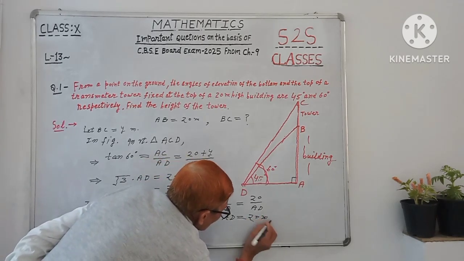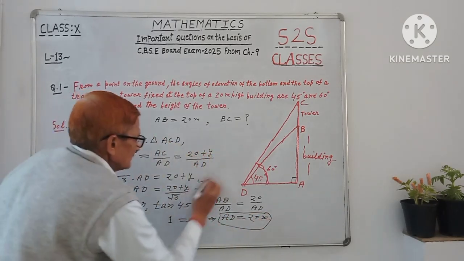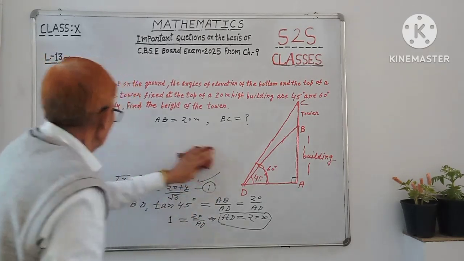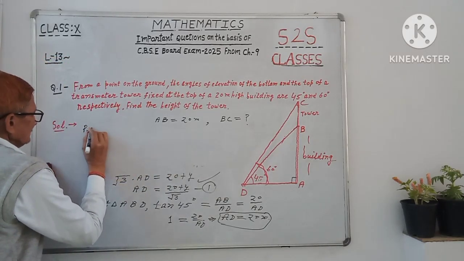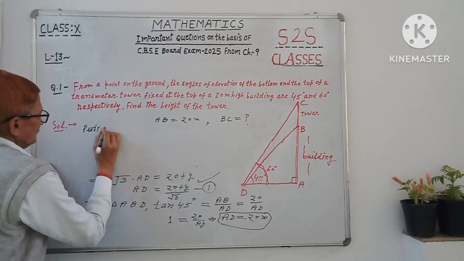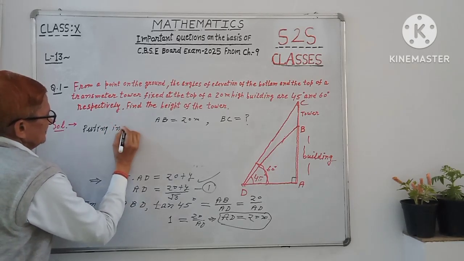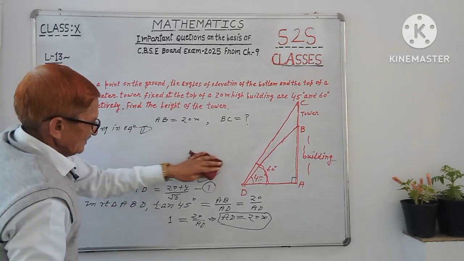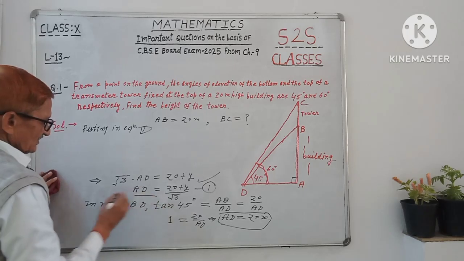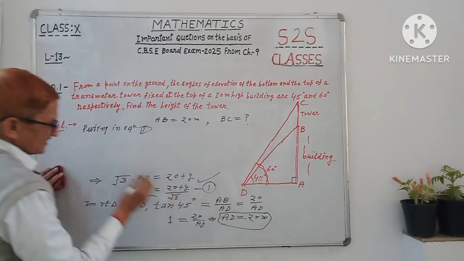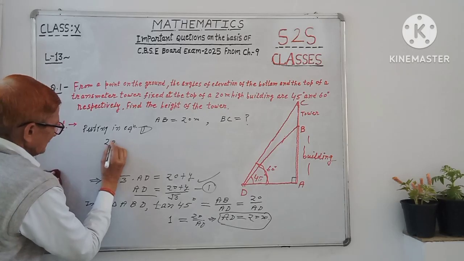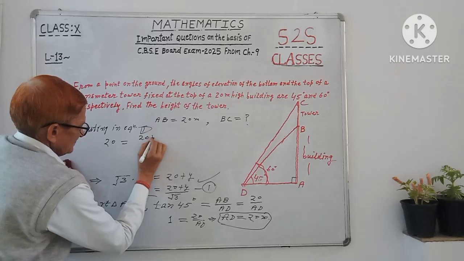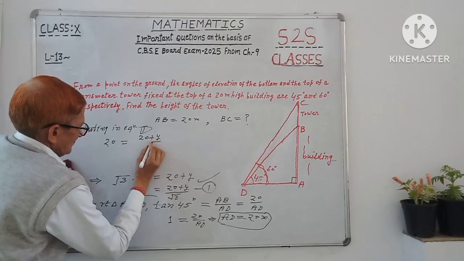So AD आपका 20 meter, put in equation 1. Putting in equation 1, AD वैल्यू, तो ये क्या है आपका इक्वेशन 1 AD ये है, तो AD पुट कर दिया 20, so 20 is equal to 20 plus y upon root 3.